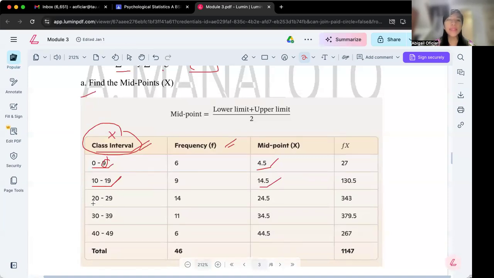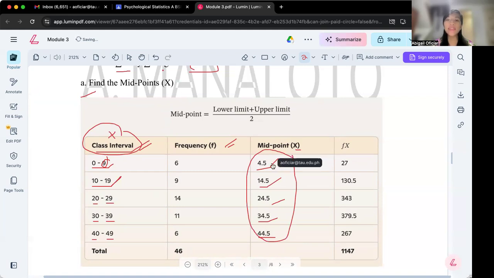Then 20 plus 29 divided by 2, that's 24.5. Then 30 plus 39 divided by 2, that's 34.5. And 40 plus 49 divided by 2, that's 44.5. So that's how we get the midpoint, or the x.